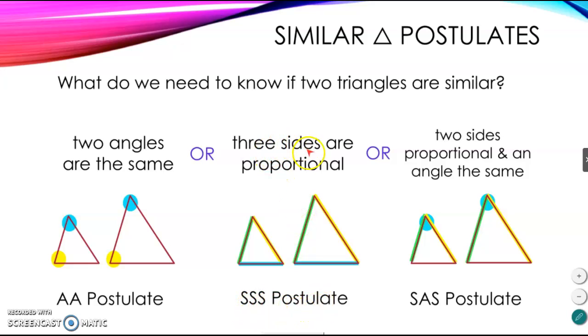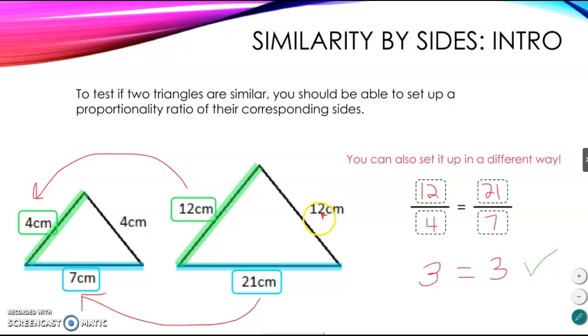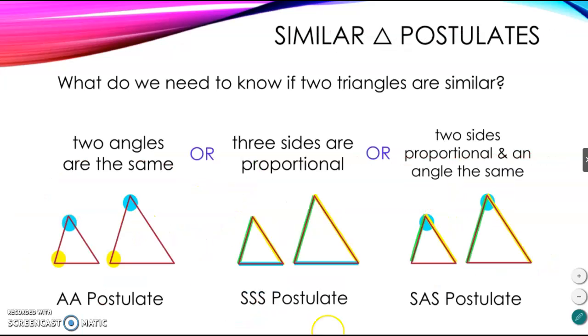So if we have three sides that are proportional, then by setting up those ratios or just determining a common factor that we could multiply to get from one triangle to the other, those triangles are similar to each other. And I could have set up a third ratio, but I have this side over here, 12/4, that is the exact same as the green sides.